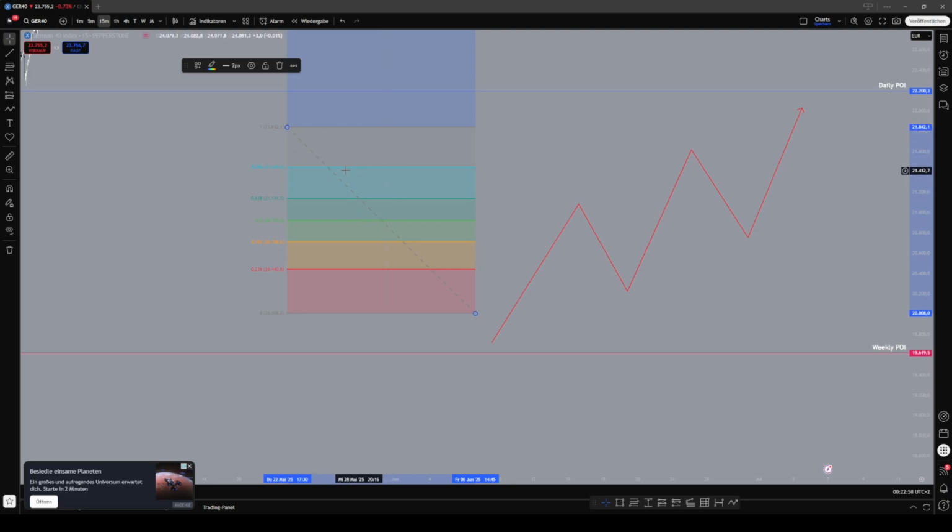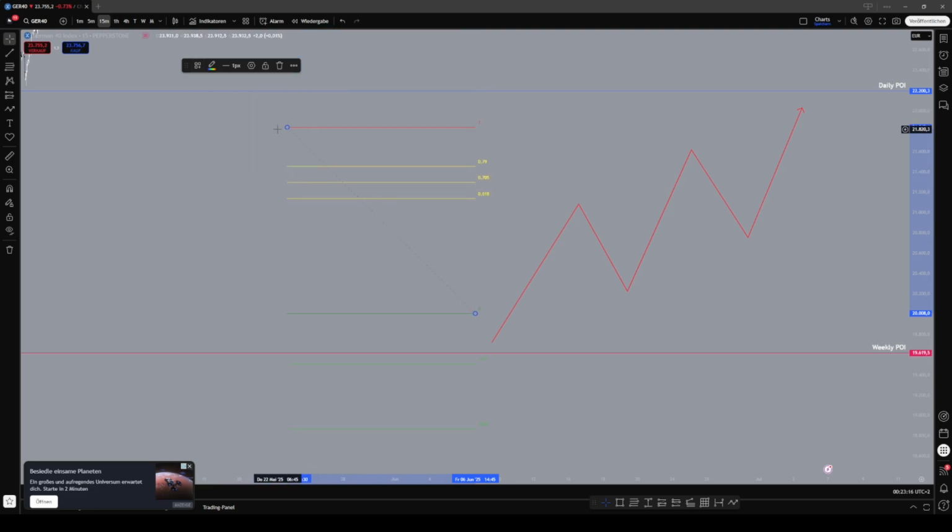So I prepared a custom one. You can also use this tool in the free version of TradingView, because I also use the free version, and I just cleaned up my template a bit.